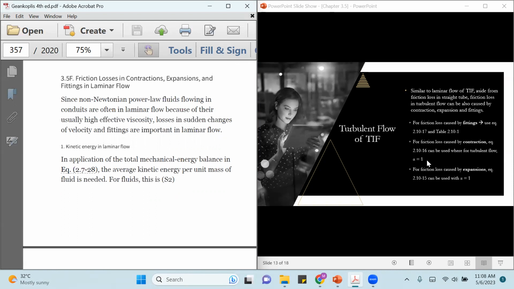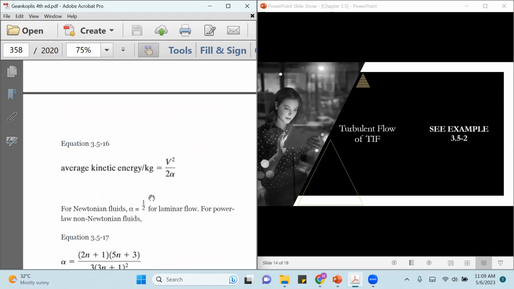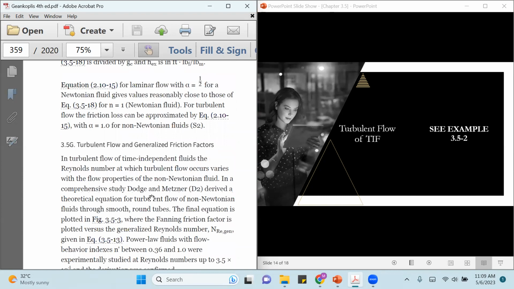So for turbulent flow, either TIFF or Newtonian flow, the alpha is still 1. For laminar flow, the alpha is not a half for non-Newtonian fluid; you have to calculate it. And then for friction loss caused by expansion, you can use equation 15 from chapter 2 with alpha equals 1.